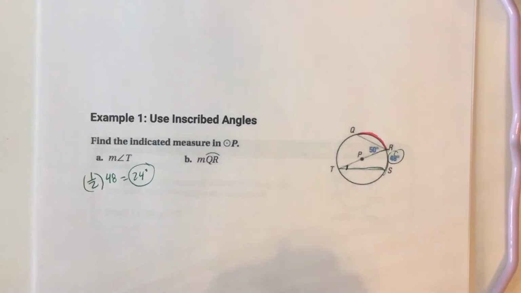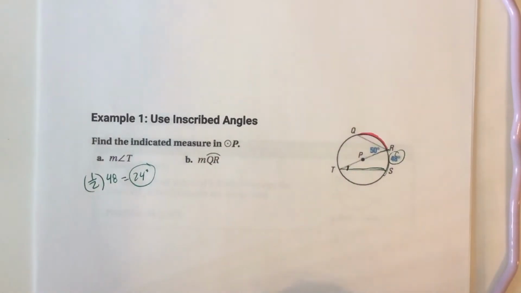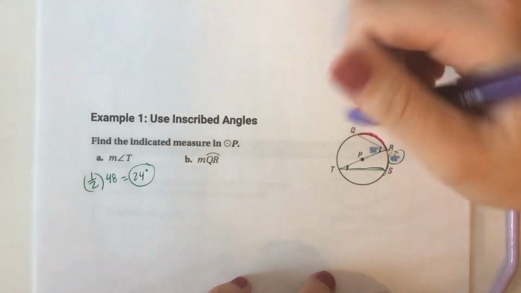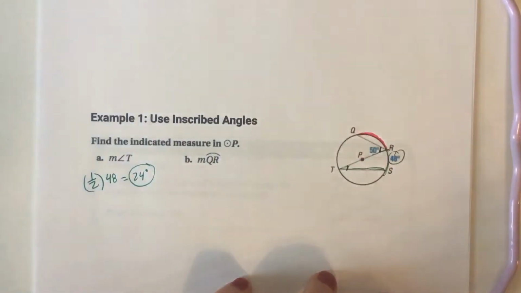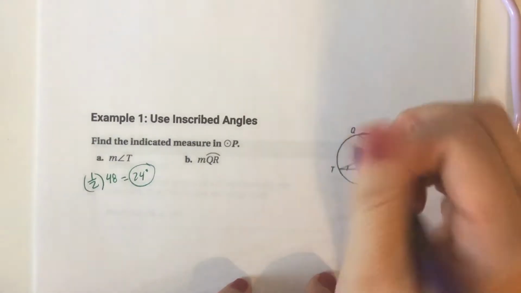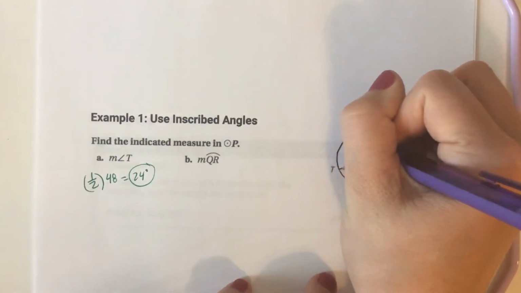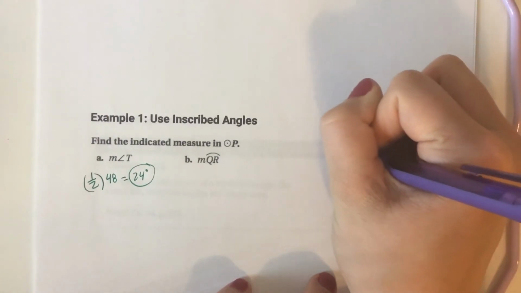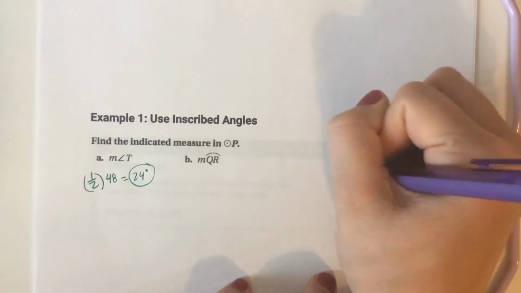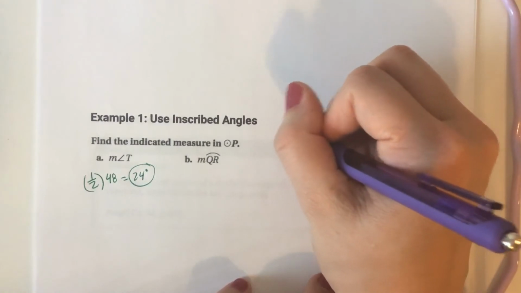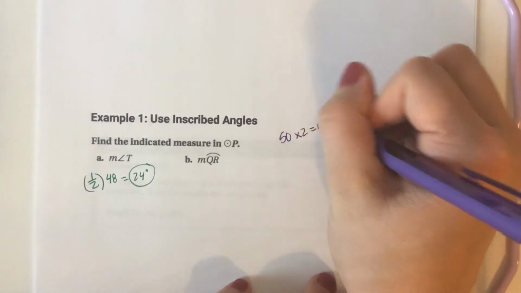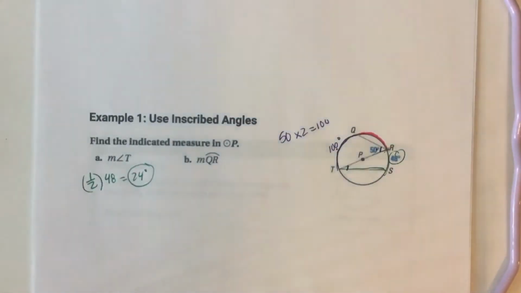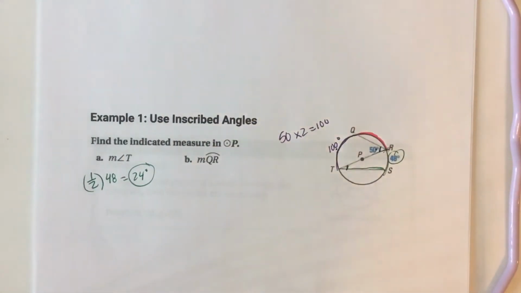This 50 degrees is the measure of this inscribed angle, so its intercepted arc, QT, is twice that. 50 times 2 is 100. So the measure of arc QT is 100 degrees.